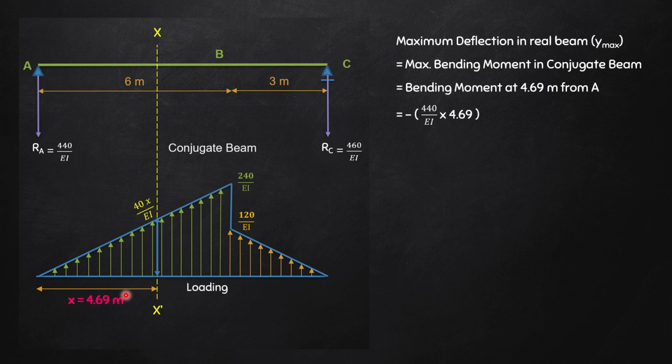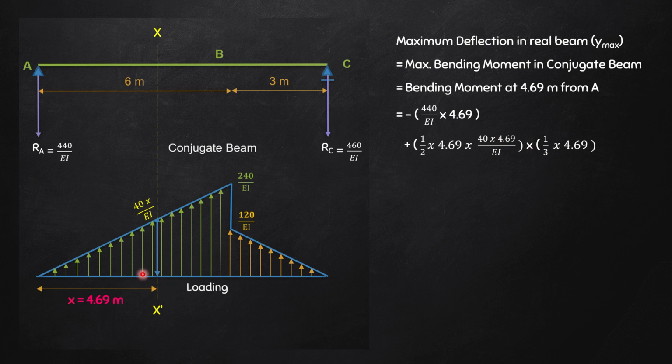Here I'll have a hogging moment of minus 440 divided by EI multiplied by 4.69. Then I'll have a sagging moment of half into base, that is 4.69, and height 40x by EI, with x as 4.69, multiplied by the CG.